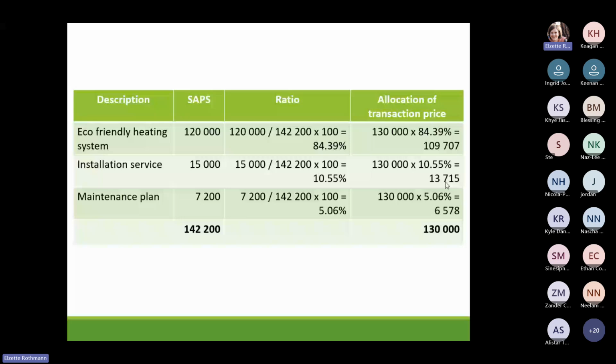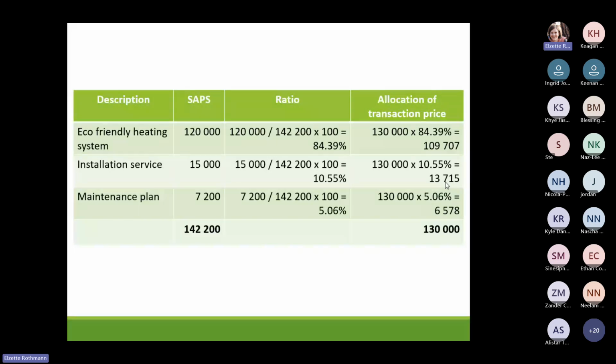Okay, so on the eco-friendly heating system, we cannot recognize 120,000. The maximum we can recognize is 109,707. Same for installation service. We can't recognize 15,000 because then the total is too high. We can recognize a maximum of 13,715.